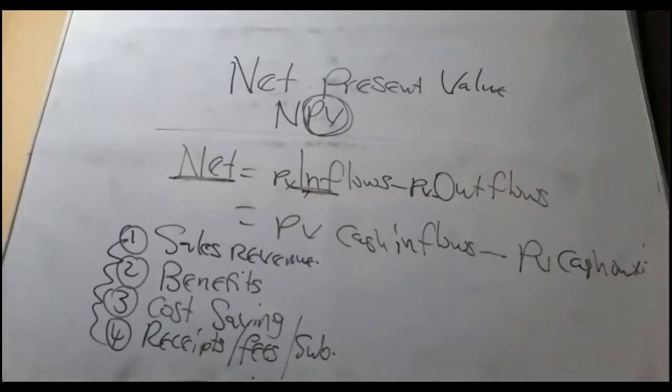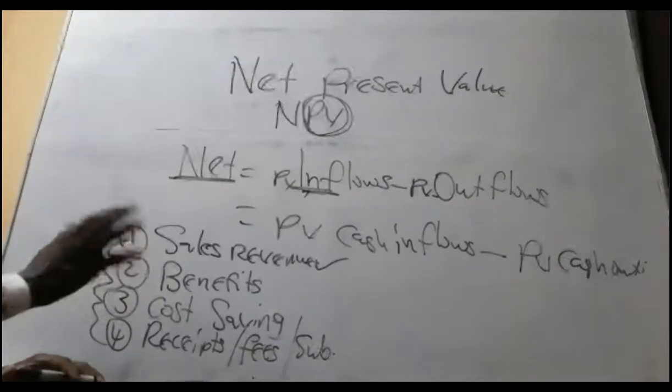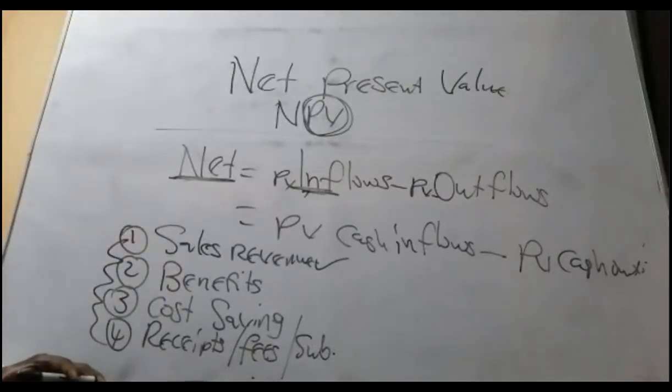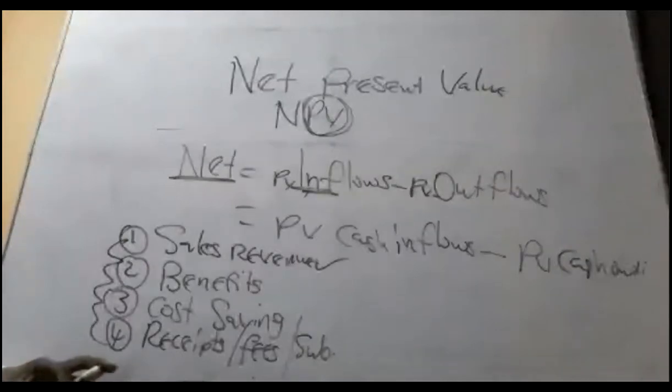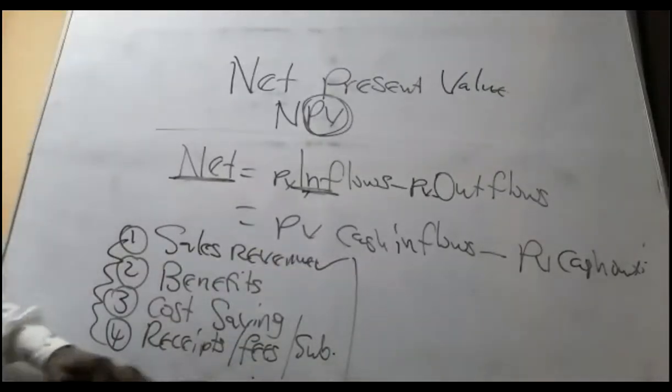Now, for the purpose of your examination, sales revenue is considered to be the most common one. That does not mean that if you see benefits, you tell the examiner that you won't solve it. No. Now, what about the outflows?